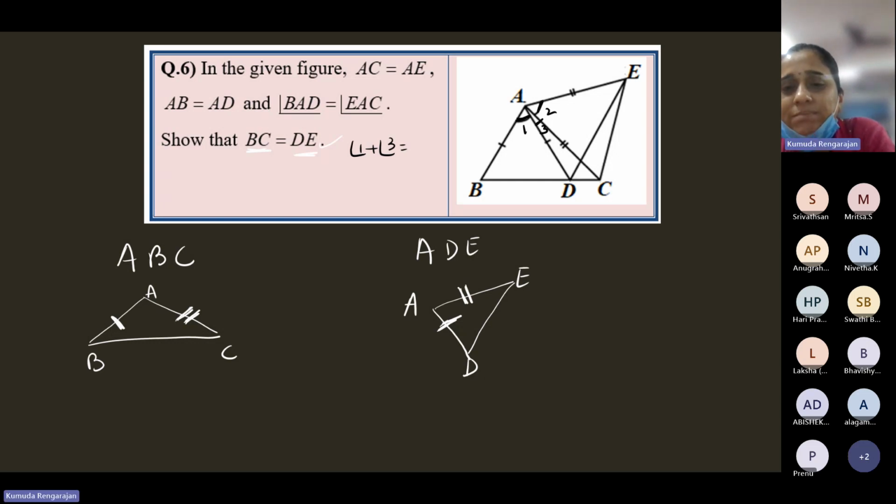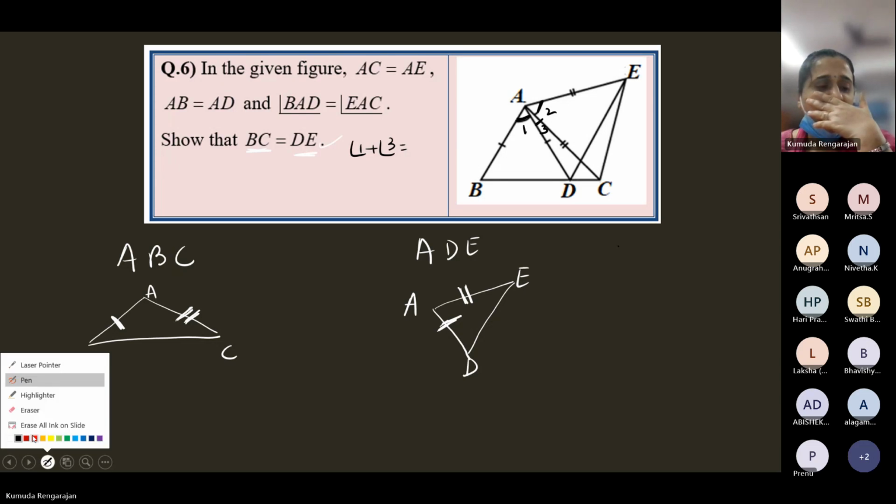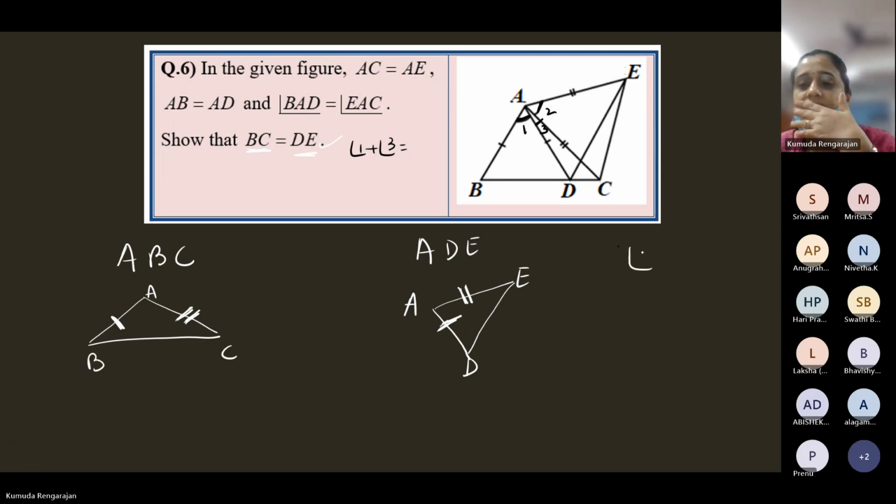How do you name the angle 1 plus 3? Angle BAC. And how do you name angle 2 plus 3? Angle DAE. Very good.